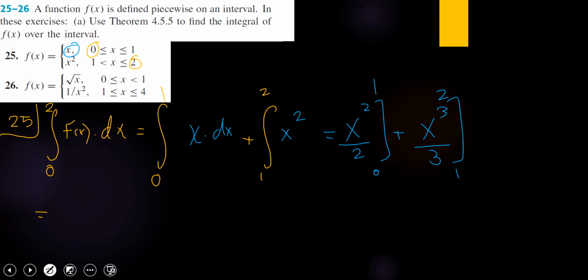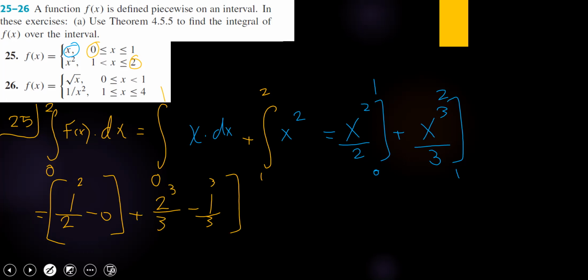We have 1 squared over 2 minus 0 plus 2 cubed over 3 minus 1 cubed over 3. So we have 1 over 2 plus 8 over 3 minus 1 over 3.